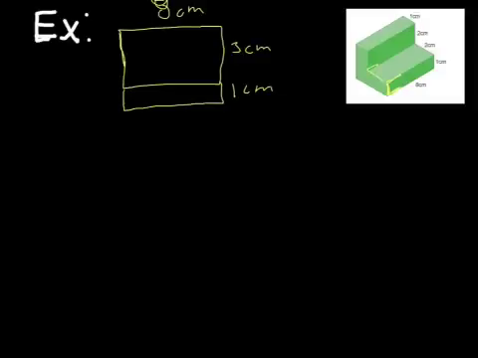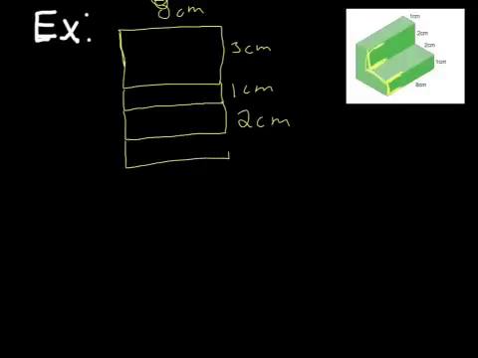Next we draw this top face, which is a rectangle. That is 2 centimeters. The next one I'm going to draw is this face right here, which is another 2 by 8 rectangle. So we'll draw it. We have a 2 centimeters.